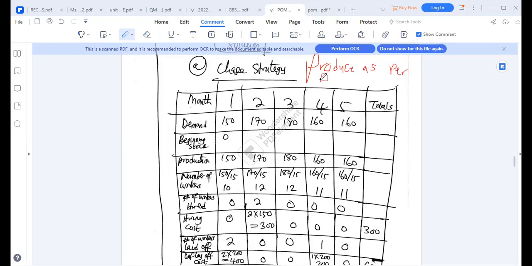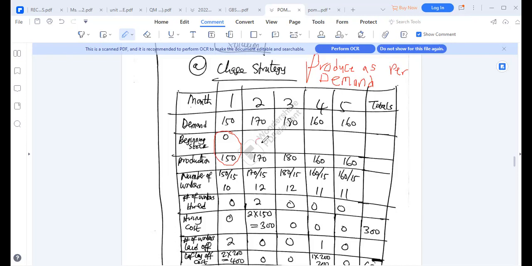So what we need to check now is what we have here. Beginning stock plus the production minus the demand. We are producing as per demand, so we are producing 150 units.